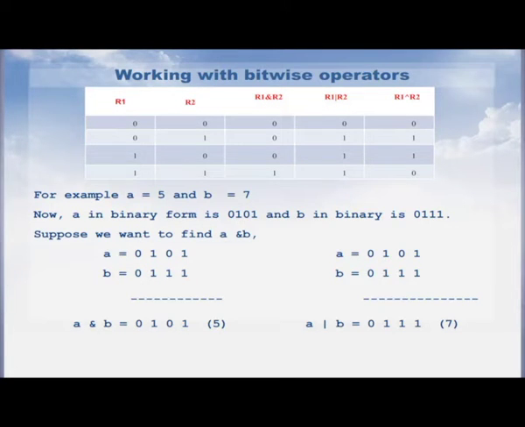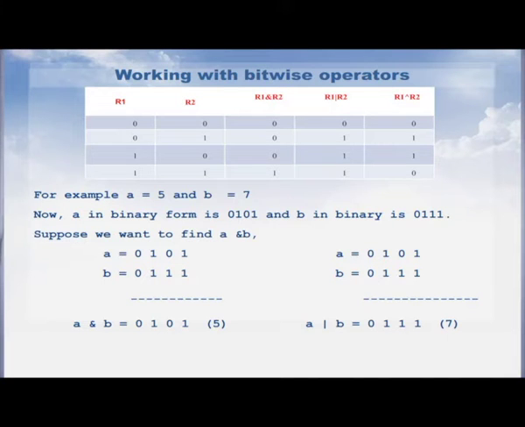Then coming to exclusive OR, if all the inputs are the same, then the output will be 0. So, if both R1 and R2 are 0, then the exclusive OR operation of R1 and R2 will be 0, but if R1 is 0 and R2 is 1, the exclusive OR of R1 and R2 will be 1. This is illustrated again with an example.